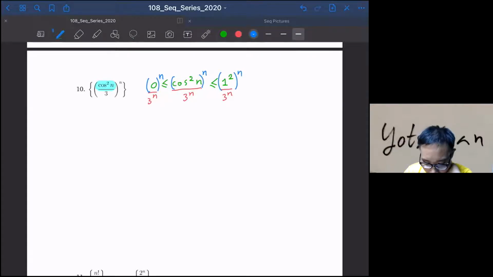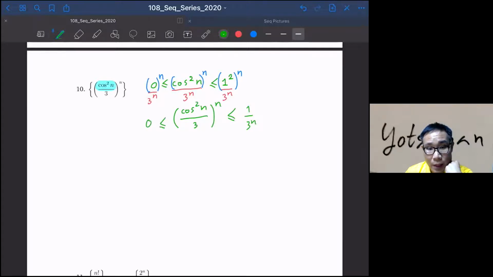In this form, this would give you the middle guy, cosine squared n over 3 to the n, and you would get 1 over 3 to the n on the right, and you would get 0 on the left.